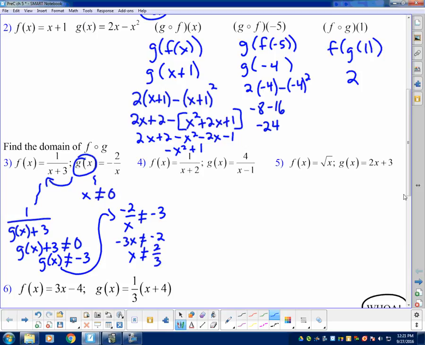There are some layers there. We started with g of x and looked at the restrictions on g of x. That's the inner function, and the only reason we started with g of x is because it was the inner function. If I switch it up on you, g composed with f, then I've got to look at restrictions of f first. Then what I did is I put g of x in for x here and looked at restrictions for that whole thing, and then replaced by substitution g of x with what it was equal to.